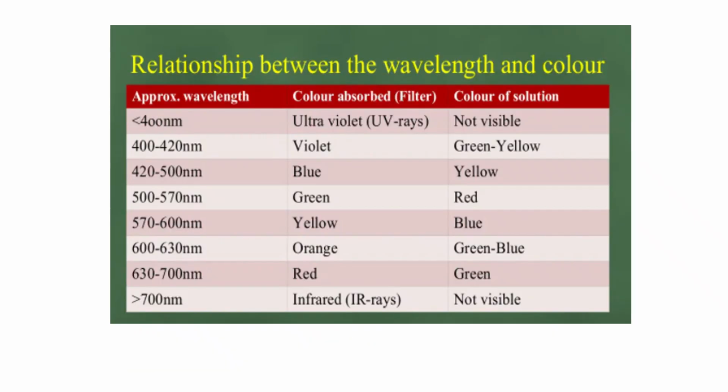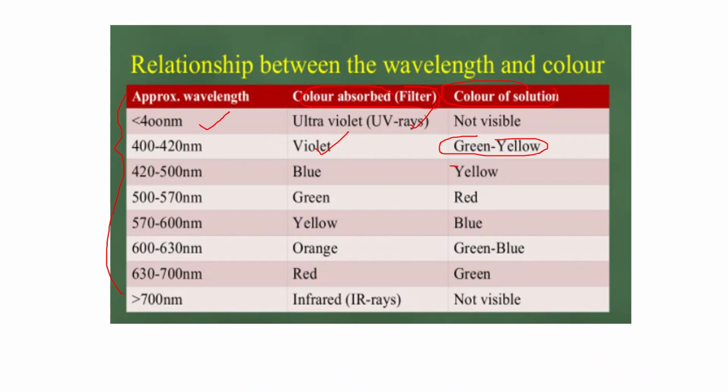Here you can see the approximate wavelength is given. This is the color which is absorbed, that is the complementary color, and this is the color of the solution. For UV rays, which are not visible, the wavelength will be below 400 and it cannot be detected by a colorimeter. You will need a spectrophotometer for that purpose. But if your colored substance is green-yellow, you can select the filter of violet color, which is at 400 to 420 nanometer.